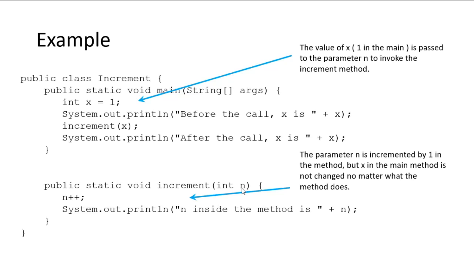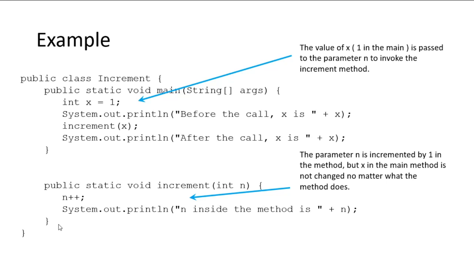Now n is equal to 1 because we sent 1 to the function. n will be increased, and at this point, at the end of this line, n will be equal to 2. Then this line will print 2 on screen, and then the method ends.